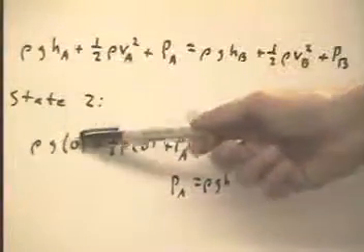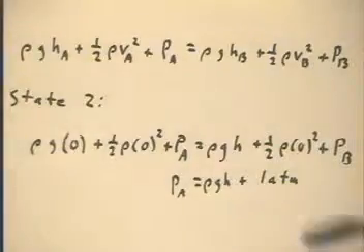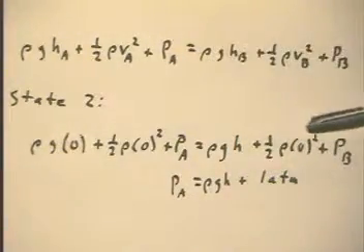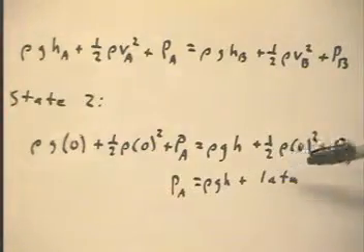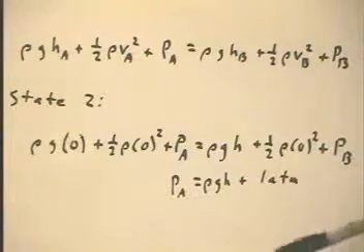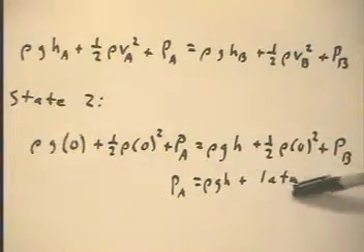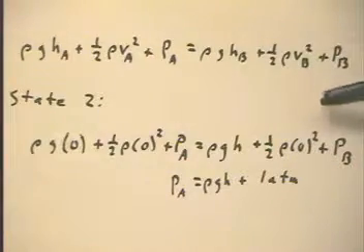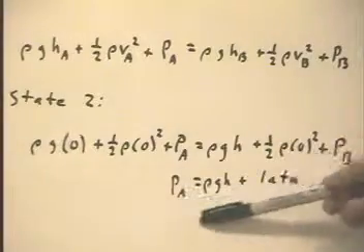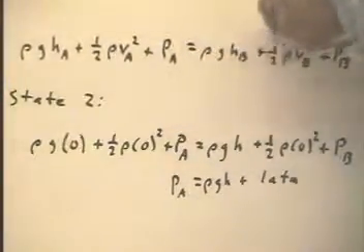In other words, we're going to take the water surface in the bottle to be our reference point for altitude, so that the height at B, being h units higher, will be h. After we get rid of the three terms that are zero, we see that the pressure at A is just rho g h plus the pressure at B, which is 1 atmosphere, B being the pressure where the water meets the air at the top of the tube. Okay? And that's familiar. We've seen that.